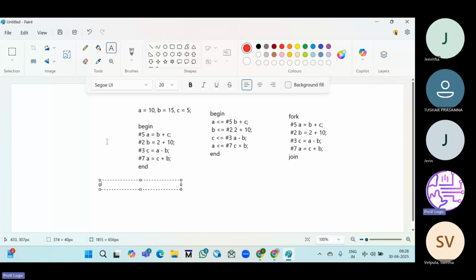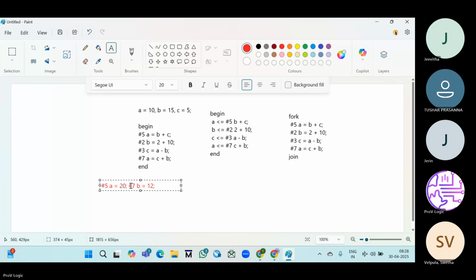Okay. What is the output for the first block? A is equal to 20. Okay, at what time? At 5 time units. Next, B is equal to 12 at 7 time units.